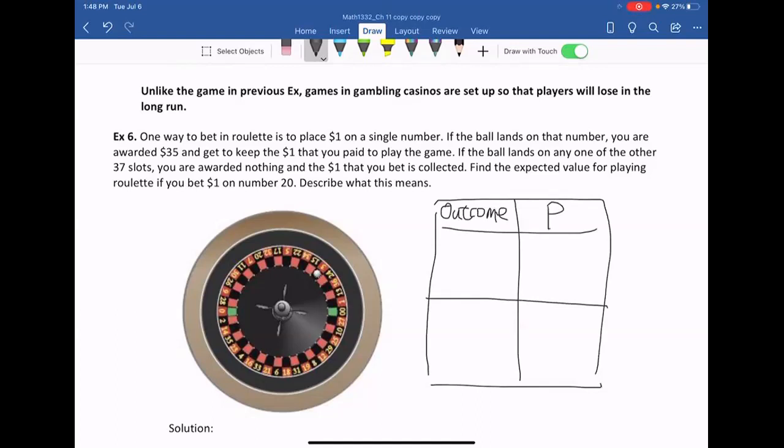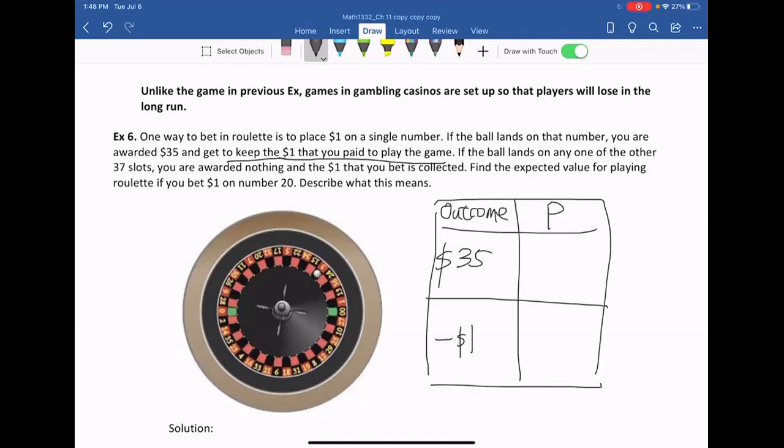So if I win, I will win $35. And remember that the $1 will be paid back to you. So I actually will win $35. And another outcome is I will lose $1 for each time I play.